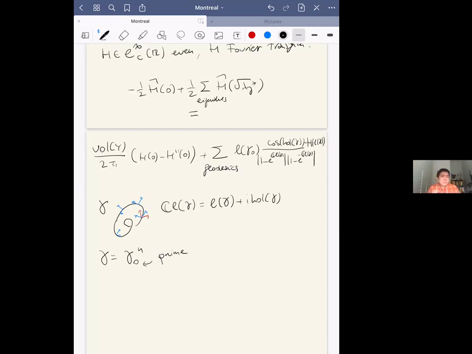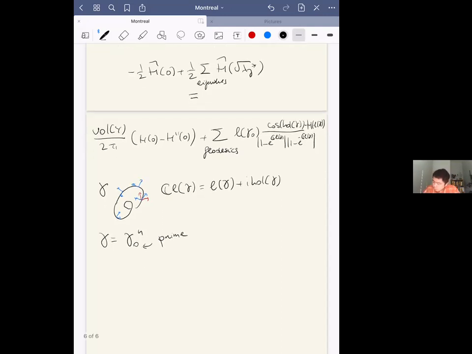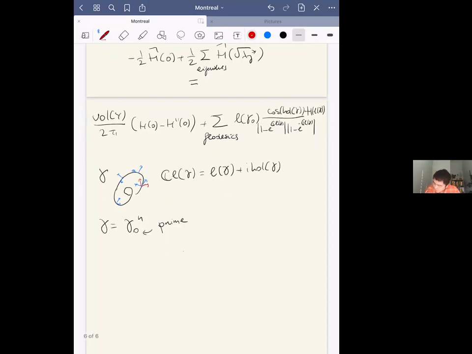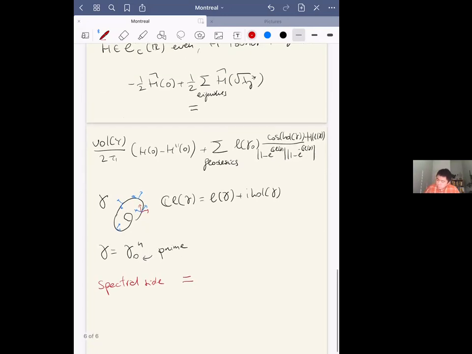This is a very complicated formula, and you have infinite sums on both sides. But what's important is the structure, which is nice.